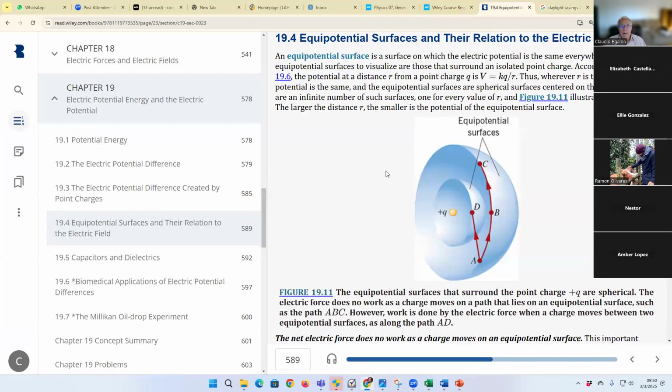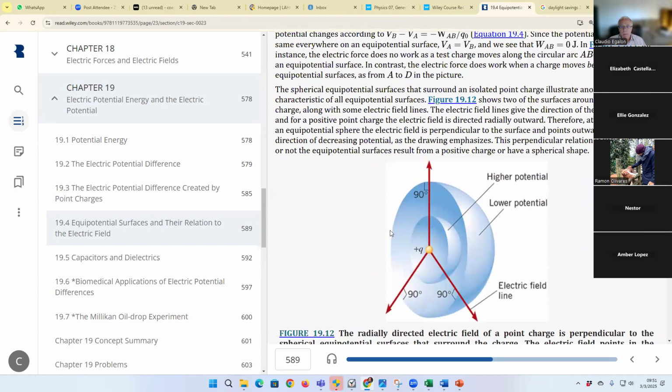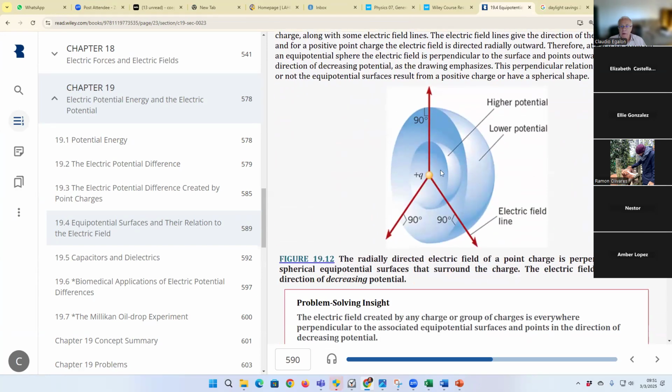Going back here to the book, here's the electric field. There's a point charge. The equipotential surface for a point charge is a sphere, a spherical shell. And the electric field is going to be normal to this spherical shell.